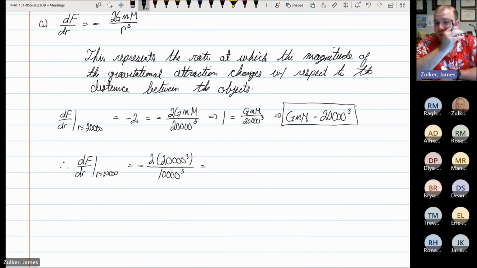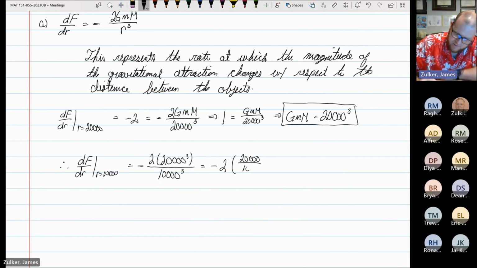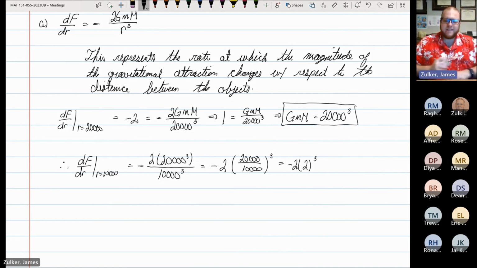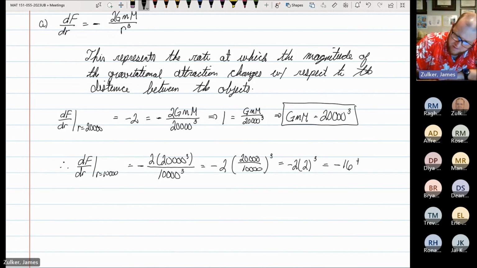Now, I'm not going to actually worry about the units of G little m big M. Well, that's nice. 20,000 over 10,000 is just 2, so 20,000 cubed over 10,000 cubed is just 2 cubed. We get negative 16 Newton per kilometer.